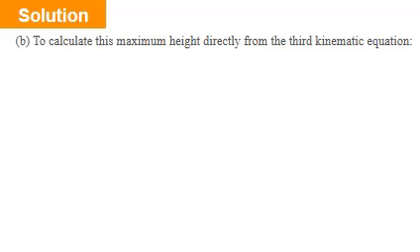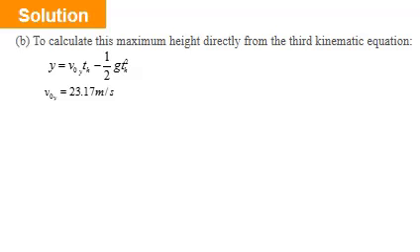To solve the problem in part B, that's finding the maximum height, we have to use the third kinematic equation, that is delta y equals the product of v naught y with the time, minus half g t squared, and t sub h is the time for the projectile to reach the maximum height, which is considered as half the total time of flight.